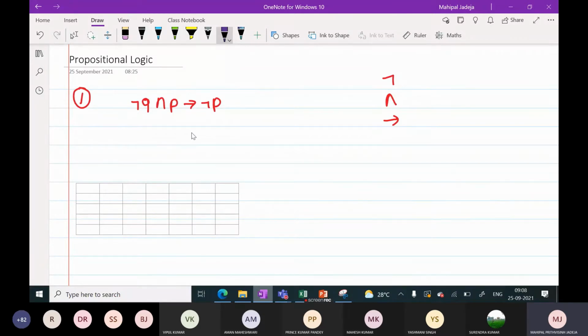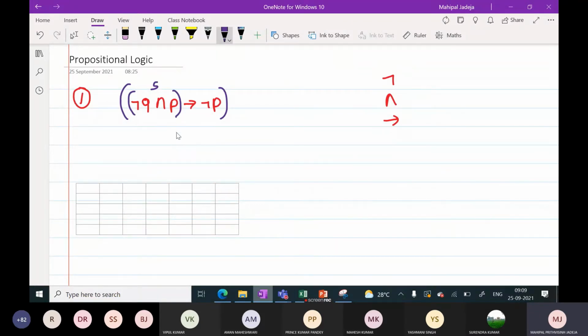particular compound proposition. For example, you can give importance to this segment first. So first you will evaluate this particular conjunction, and whatever you get is, let's say, S, and then you talk about S implies negation P. So you are giving importance to conjunction over implication.